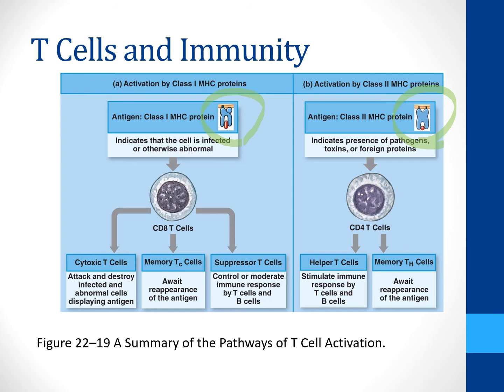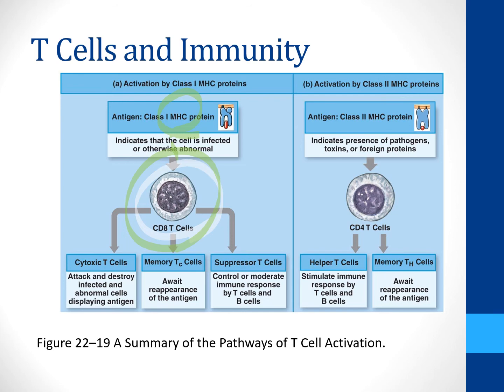When it is infected, that protein is going to present a portion of that antigen on its cell membrane. Once it's presented, it's going to bind to and then activate this CD8 T cell. This is the MHC1 protein is going to activate this CD8 cytotoxic T cell.